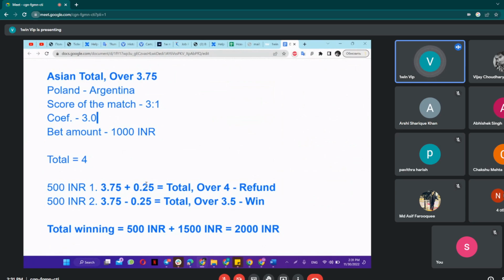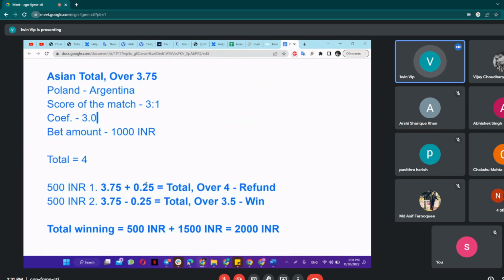This way, by placing on total over 4, you received a refund of 500 rupees. By placing total over 3.5, you received a winning amount. Don't worry, I will also explain that Asian total usually has lower coefficients, because you are basically placing two bets at the same time, a main one and an insurance one.